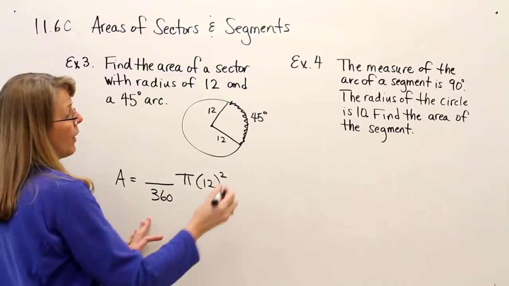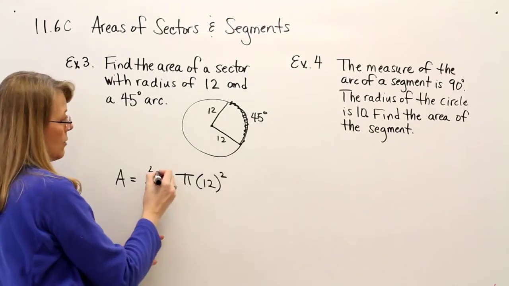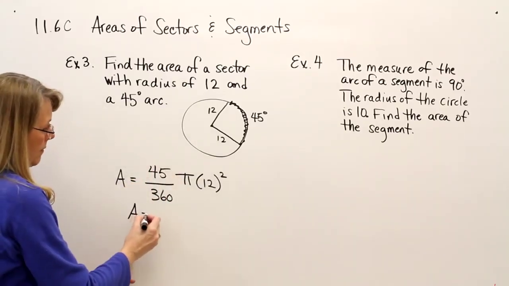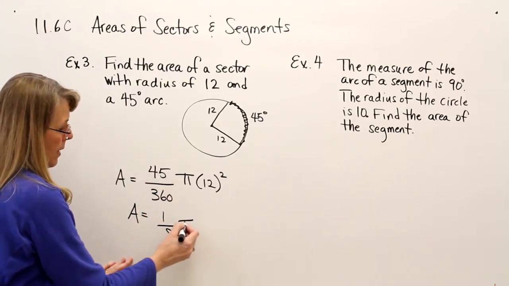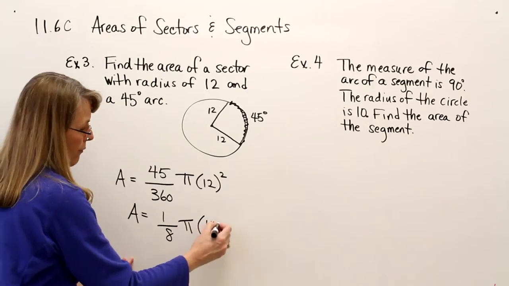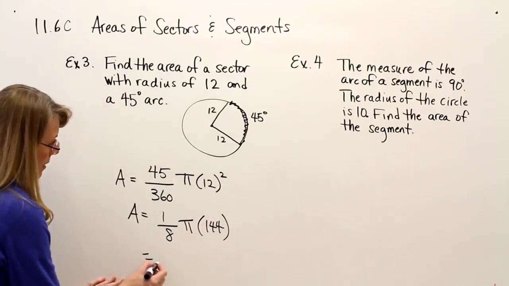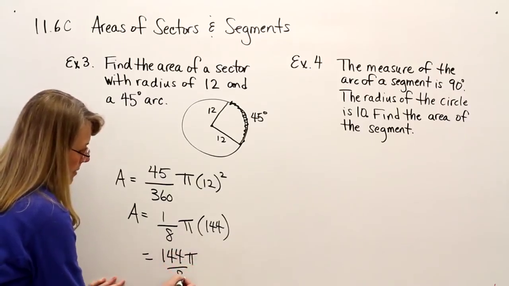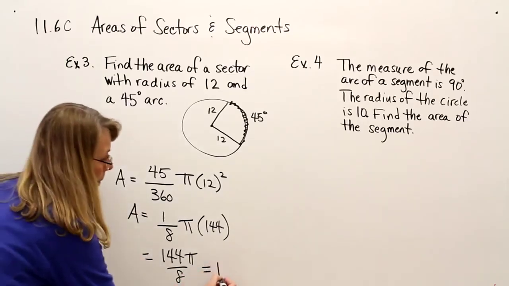And then to get the fraction, you use the measure of your arc that goes with the sector, which is 45. Now I just have to simplify. 45 over 360 reduces to 1/8 pi times 144. I want to leave that as an exact answer. So that would be 144 pi over 8, which reduces to 18 pi.